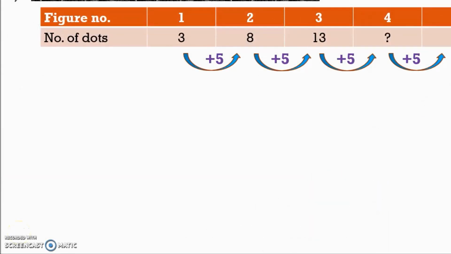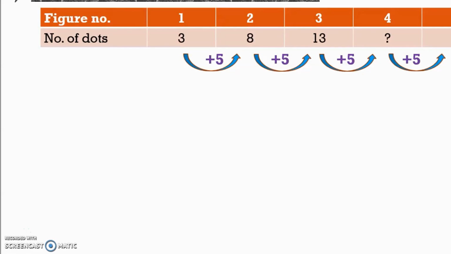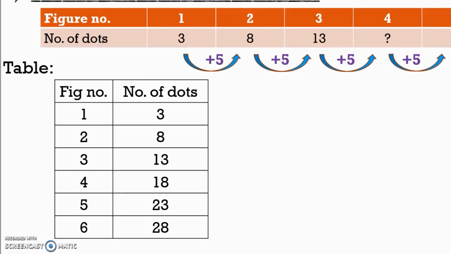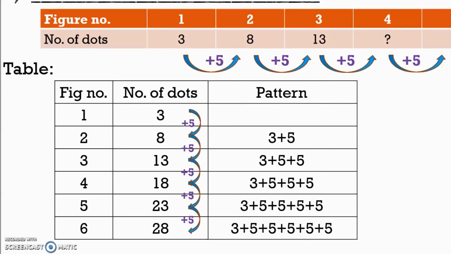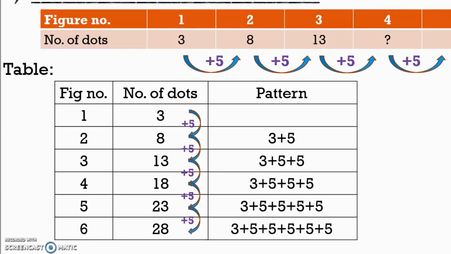Okay, let's look at how we can solve this question. First of all, we need to come up with a table and put in our information systematically. Then we add another column like this. This column is to help us to write down the pattern that we can see. The pattern here is plus 5, plus 5.